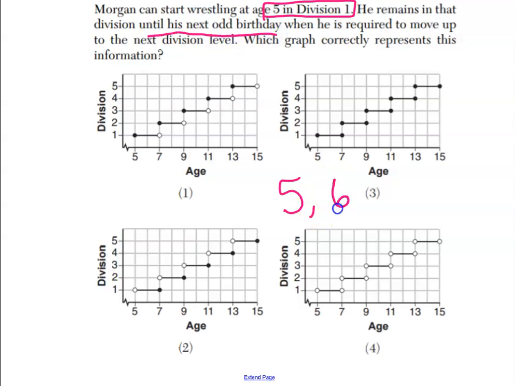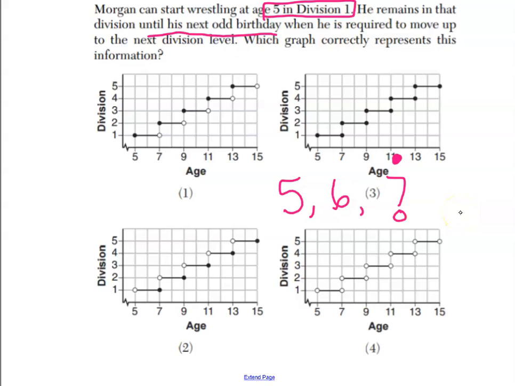So when he's 6, he stays in Division 1, but as soon as he hits 7, he goes up to the other division. You see that? The number 7 is going to have two points, because when you're 6.99999 years old, you are still in Division 1. But once you hit 7, you move up to the next interval.